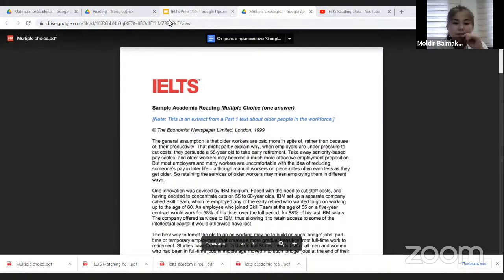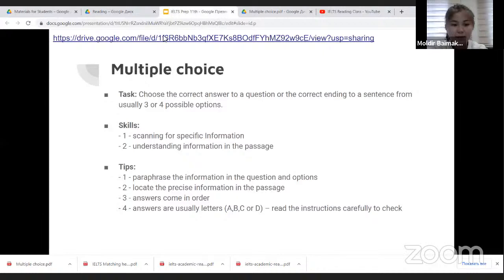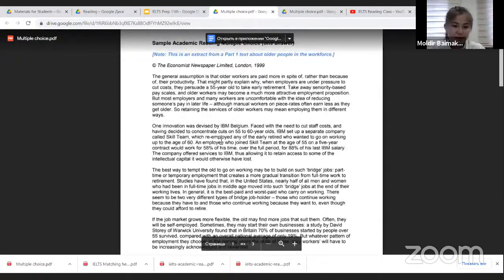So you have now, let's say, 15 minutes, but not more than that. Is it okay? First I need to check the passage itself. Well, the passage is not that big.